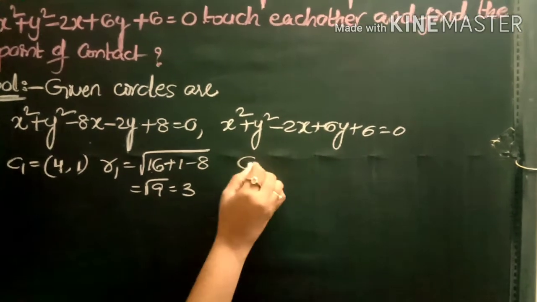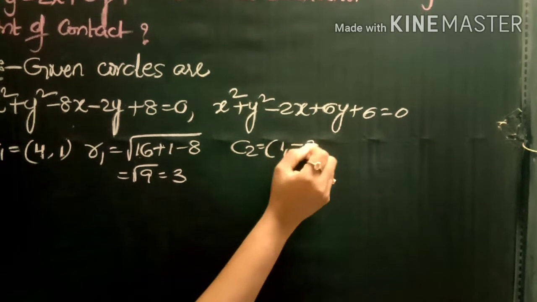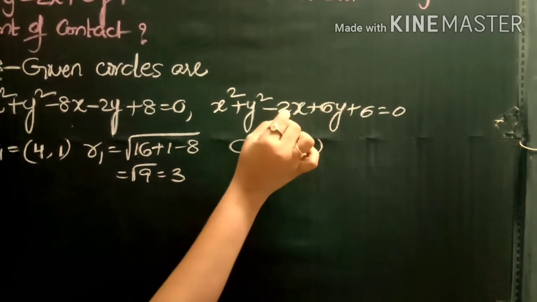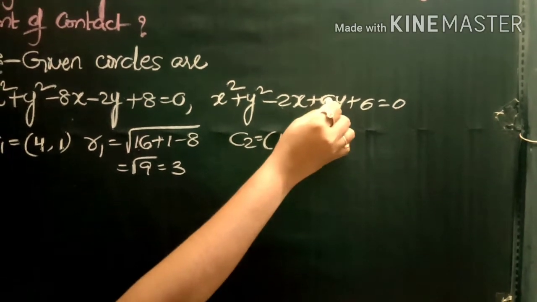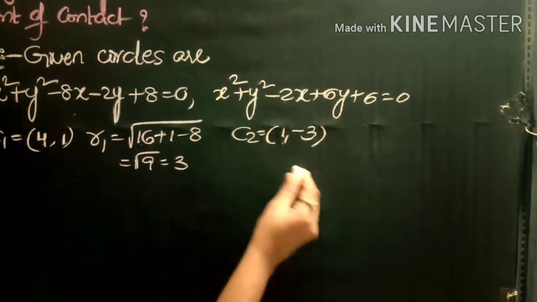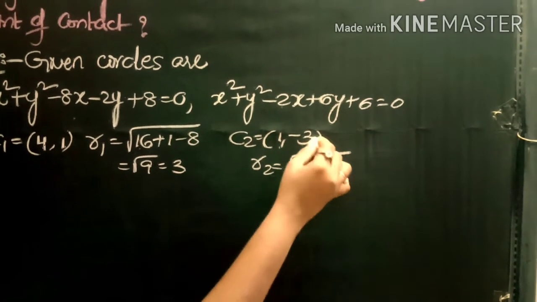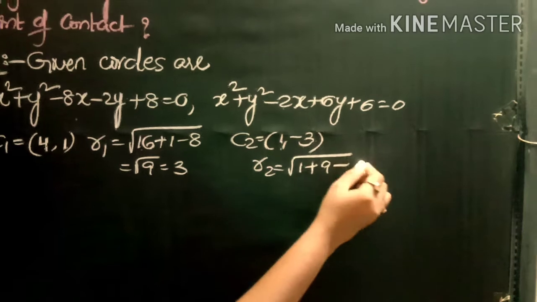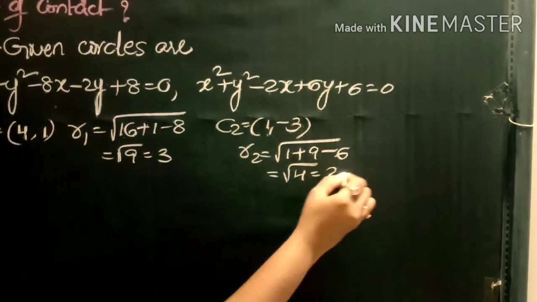Next center C2, the center of the second circle, is (1, -3). g = -1, so -g = 1; f = 3, so -f = -3. And radius r2 = √(g² + f² - c) = √(1 + 9 - 6) = √4 = 2.